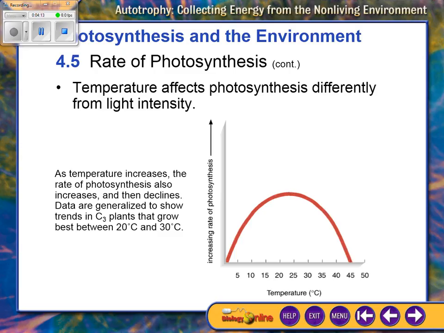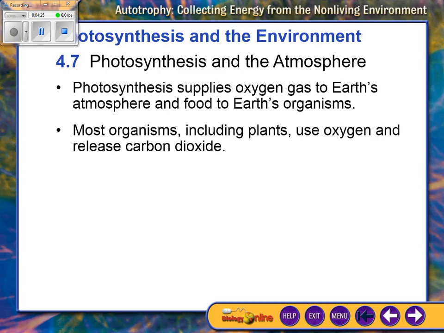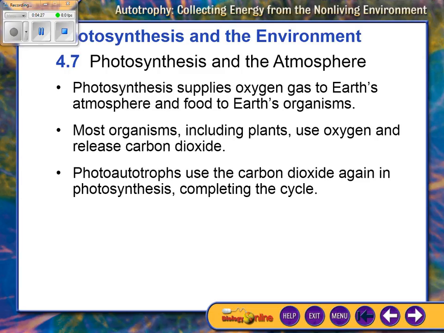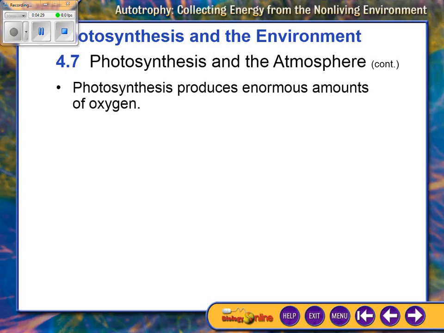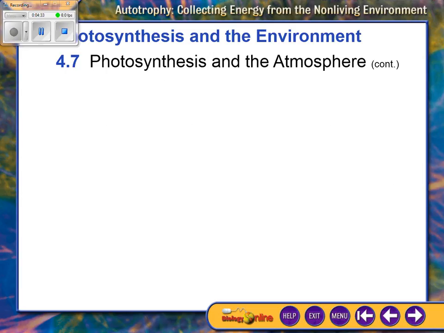Now, like the hummingbird, do you think there's some plants that are more adapted to be colder or hotter? Absolutely. They'll have adaptations that help them, but in general, room temperature's nice. It's in your book. I do want you to read the whole chapter, but I'm not going to make you memorize anything about it. Okay, I'm going too fast.